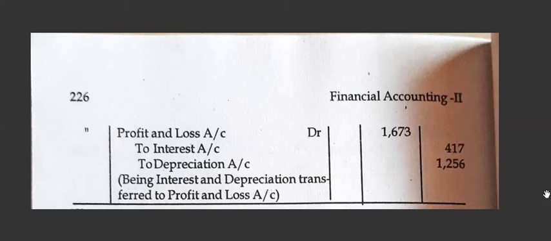Remember, the entry will repeat every year: interest entry, installment entry, depreciation entry, transfer entry. Interest you have calculated; for depreciation you have to check which method it is. If it is the diminishing balance method, you have to calculate on the written down value.